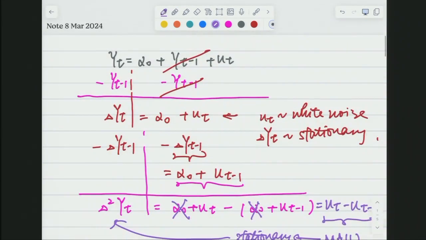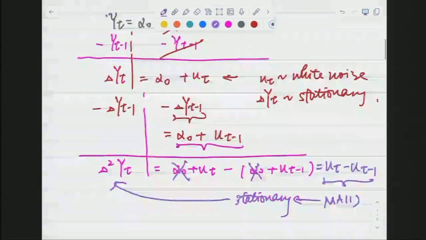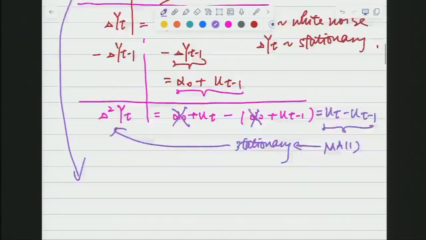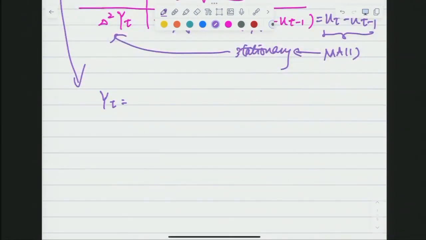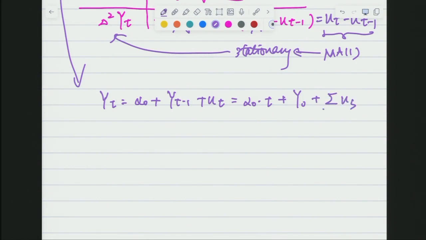This, again, can be illustrated using the random walk with the drift. Remember, by recursively substituting the equation backward, we'll get alpha naught times t plus the initial observation y naught plus the sum of all the shocks between time 1 up to time t.